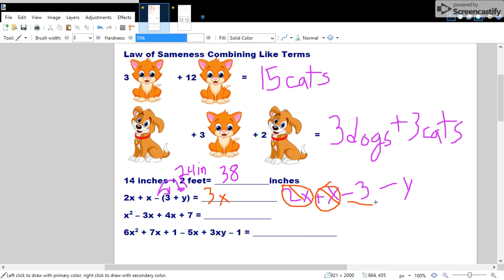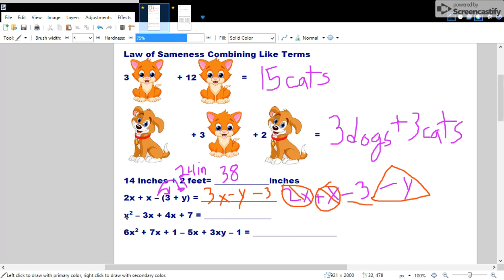Negative y is not the same thing as the constant -3, so we could just put the -3. And then the negative y is what's left over. So we'll go ahead and insert that. And this is our reduced expression, simplified expression.